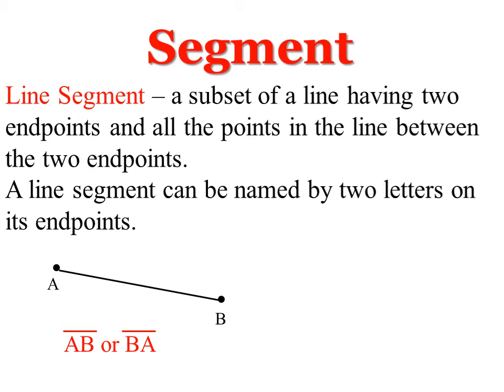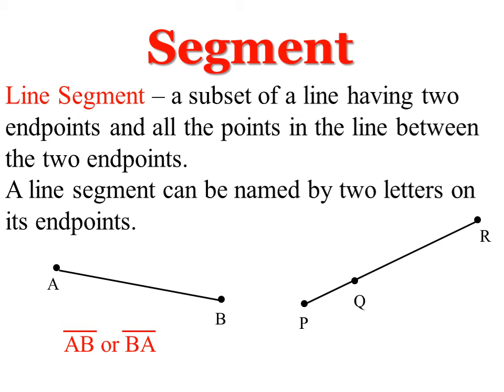Suppose I am going to draw another segment and place 3 points on it, points P, Q, and R. How many line segments were formed? Is it 1, 2, 3, or 4?